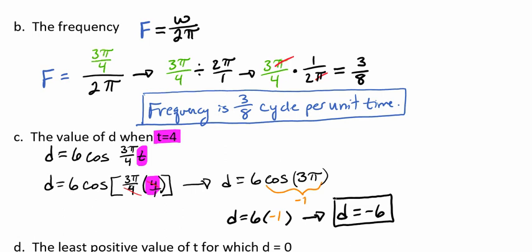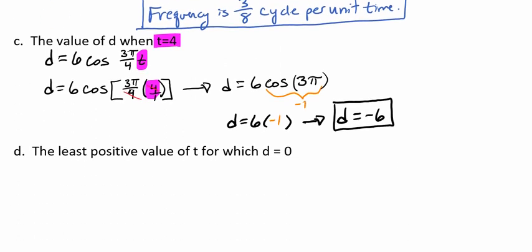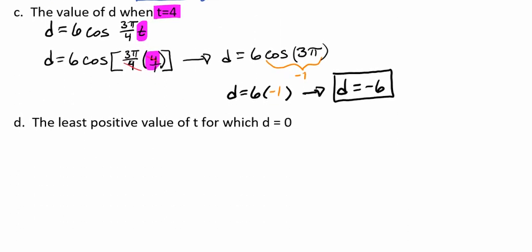Lastly, we're going to find the least positive value of t for which d equals 0. We're going to take our equation, d equals 6 times the cosine of 3 pi over 4 times t, and replace the d with the 0.